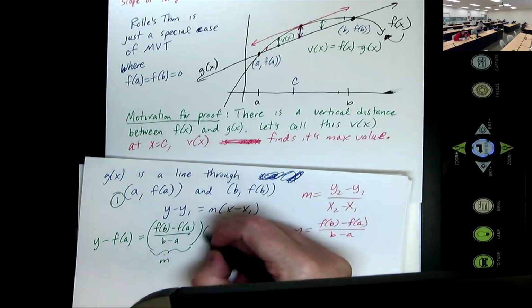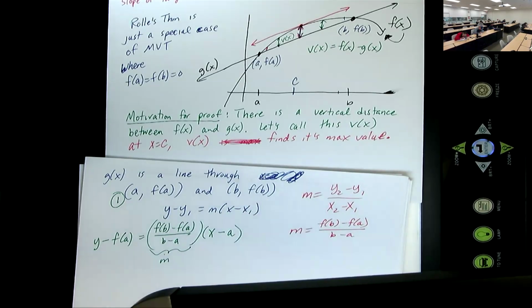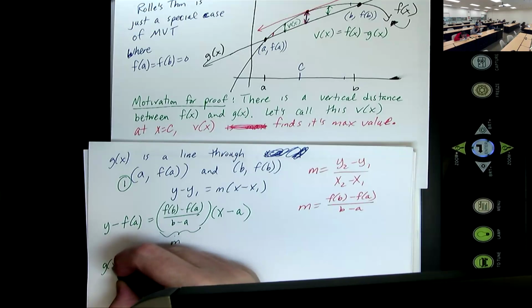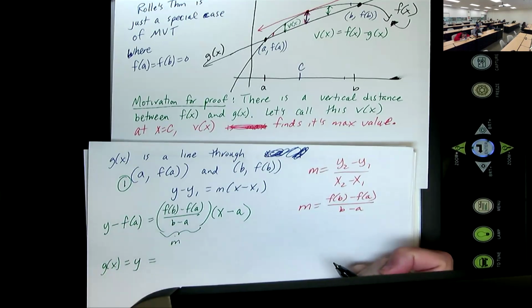And then I have to do x minus x1, but x1 is a. If I solve for y, I have g of x. g of x equals y, and I can get that just by adding f of a to both sides.